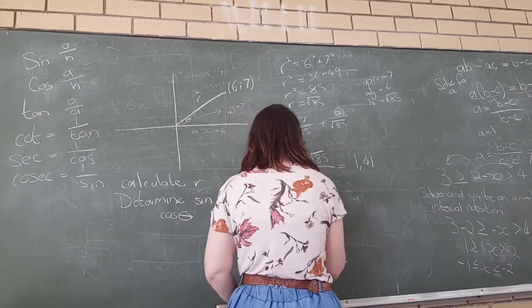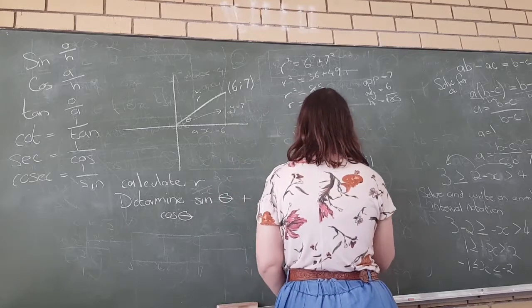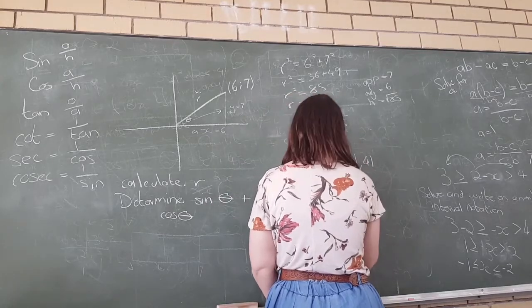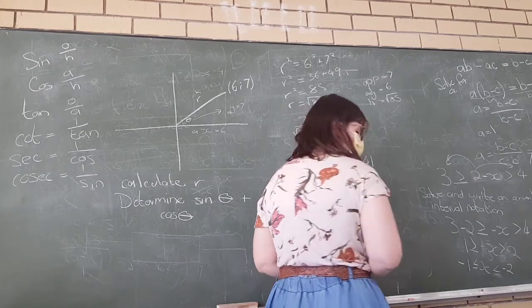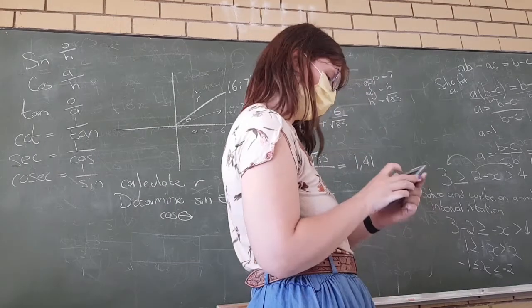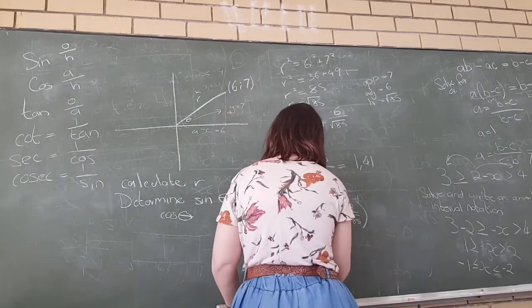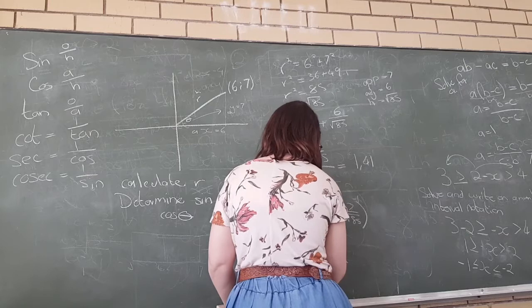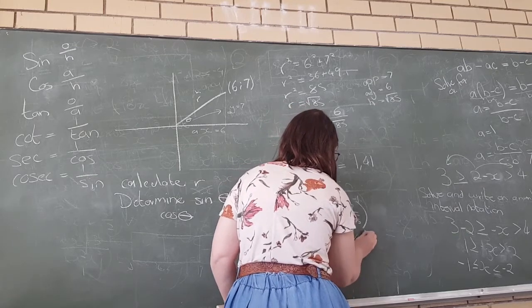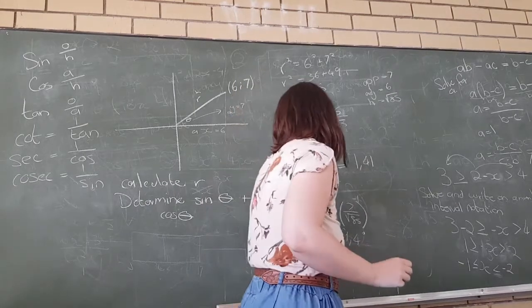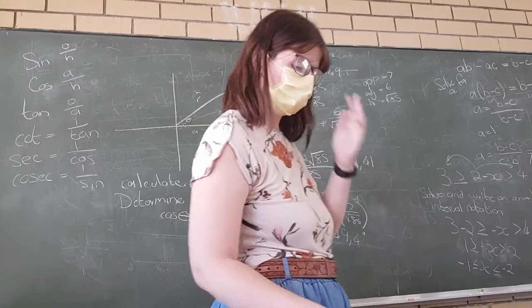So I'll say sine inverse of my sine, which is 7 over root 85. Plug that into my calculator. 49.4. So theta equals 49,4 degrees.